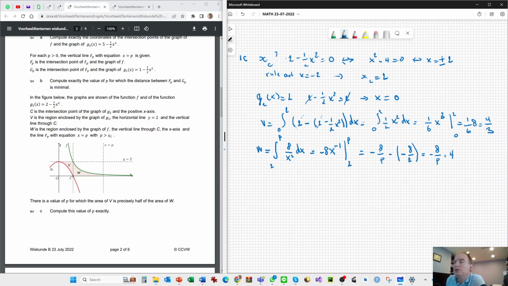And now we need to say that w is twice v. So that leads us to the equation minus 8 over p plus 4 is equal to 2 times 4 over 3.